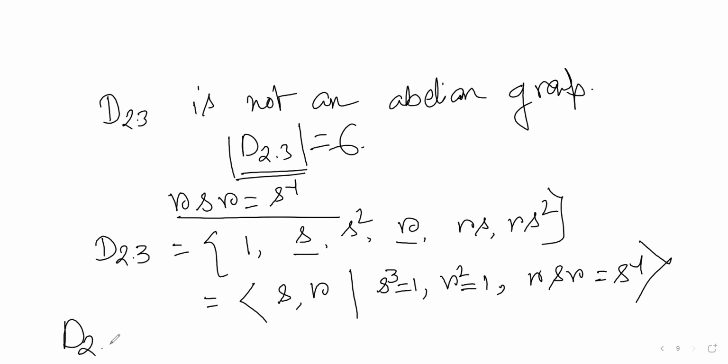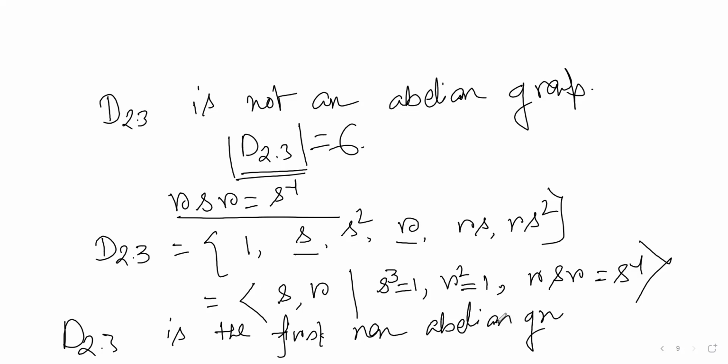D23 is the first non-abelian group, and order of D23 is 6, right? Okay.